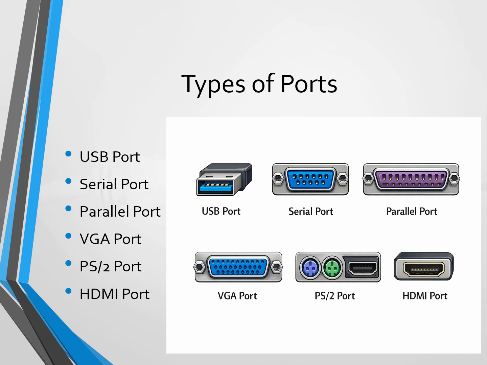HDMI. And then we also can connect to TV using this HDMI port. Because today we have smart TVs, right? Which use this HDMI port to connect between devices. So remember these things. There are so many more, but these are the major ones. Okay.